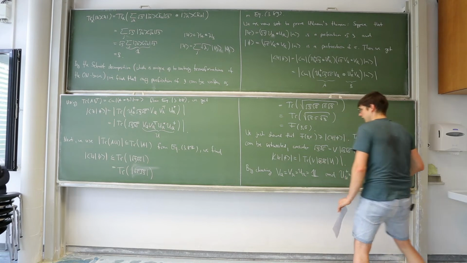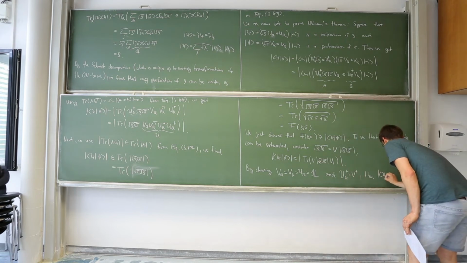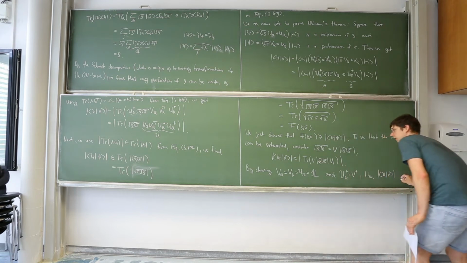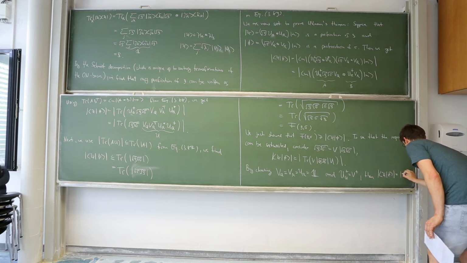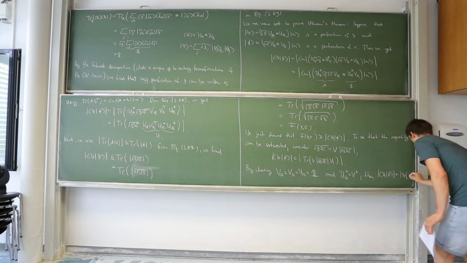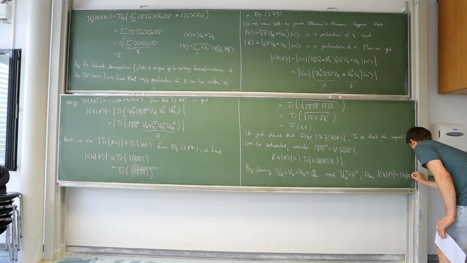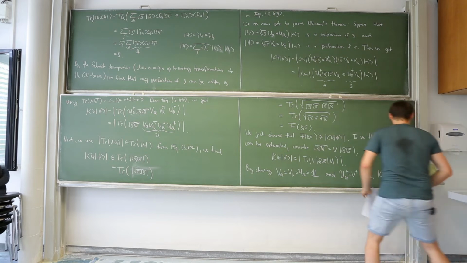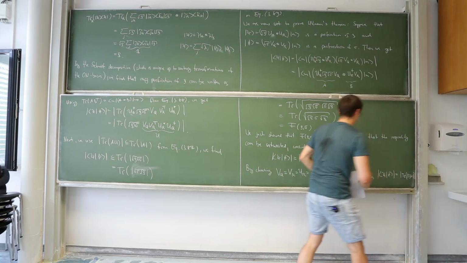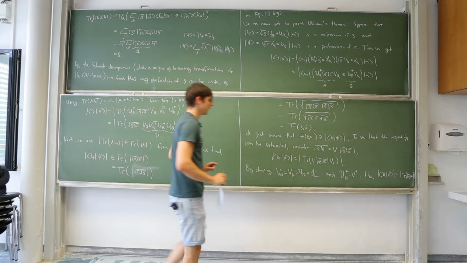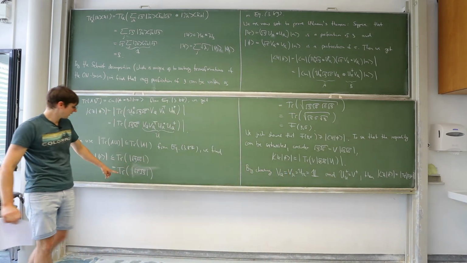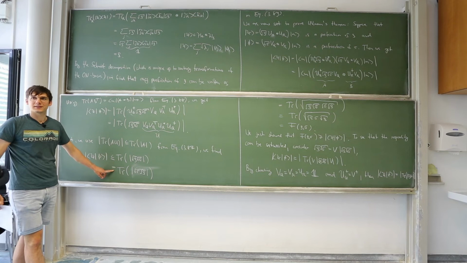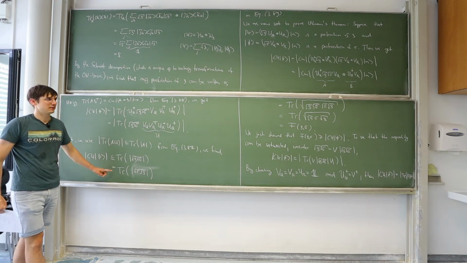Then we have that psi phi is equal to the trace of modulus of rho sigma. Okay, now it's almost no space, but I think this you see. So we are here with the equality, meaning that the inequality saturates.